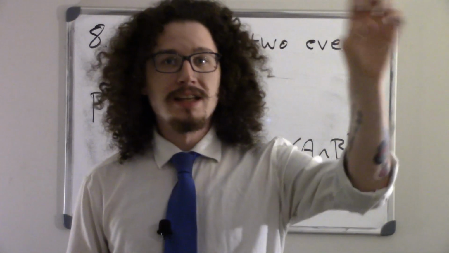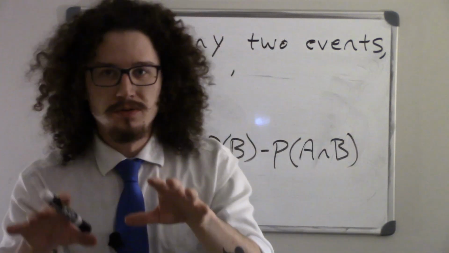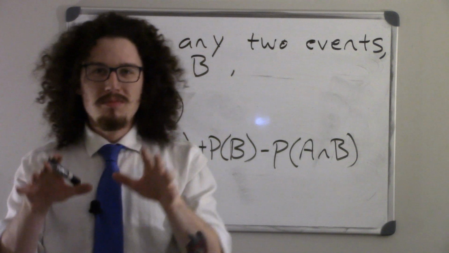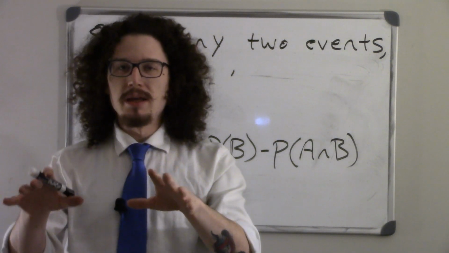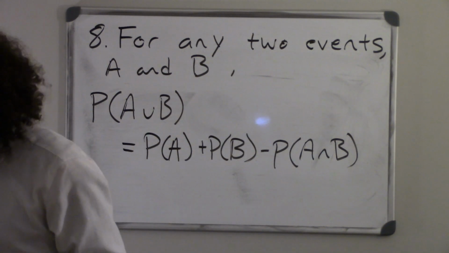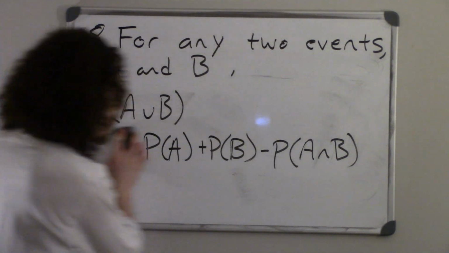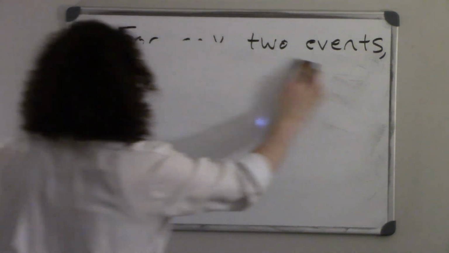It's counted in the circle for A and the circle for B, so it's counted twice. So we have to remove it once. That's why we calculate our probabilities like this. Now let's look at an example.